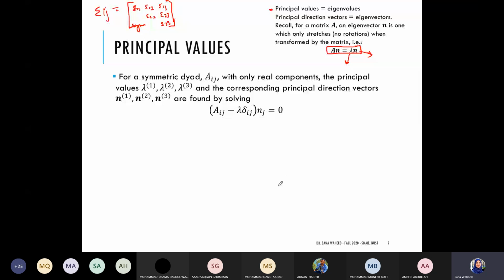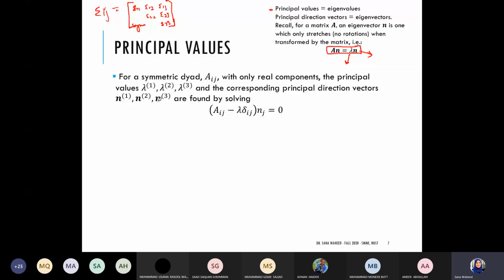So the point is, if we have a 3 by 3 matrix, then it will have 3 eigenvalues, which I'm representing as lambda 1, lambda 2, lambda 3, and 3 eigenvectors, which are n1, n2, and n3. How they're found, as I said, is by solving this equation.